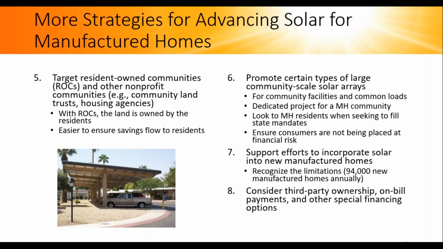That load may not be so great in some communities, but in some communities it can be significant. Again, one has to make sure that the financial benefits of that array are flowing to the residents and not just going into the pocket of the community owner, but there's potential for that.